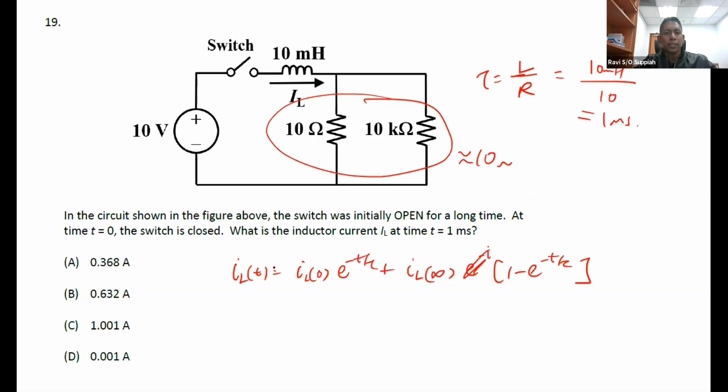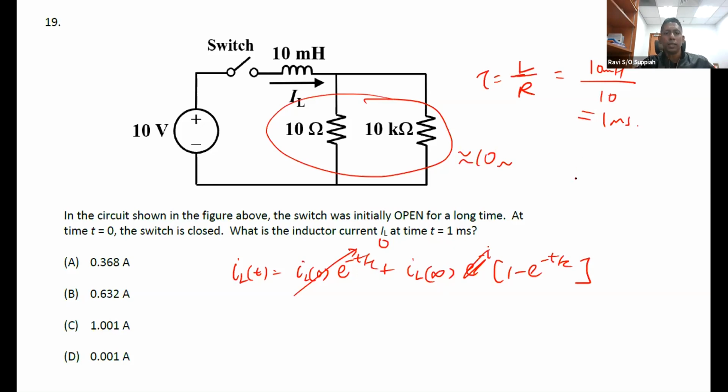Since the initial current here is 0, this term we can discard, so this one is 0. Now, what is the IL infinity? IL infinity is the current that will flow if I let the circuit be on for a long time. If the circuit is closed for a long time, the inductor will behave like a short circuit.